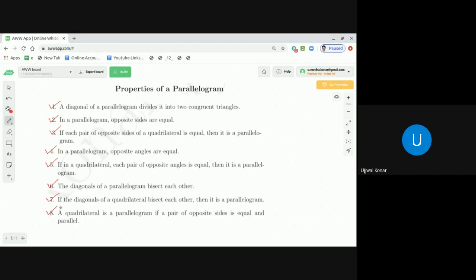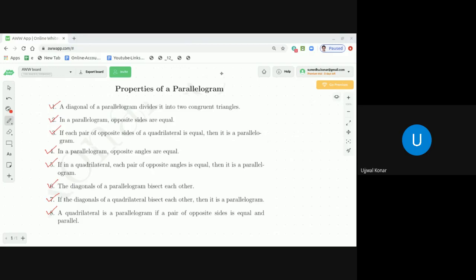Dear students, all these 8 properties are very important. When you start solving problems based on parallelograms, you will see that you need to apply these properties in a complementary manner. So remember these 8 properties very well. I'm going to start discussing from property number 4.